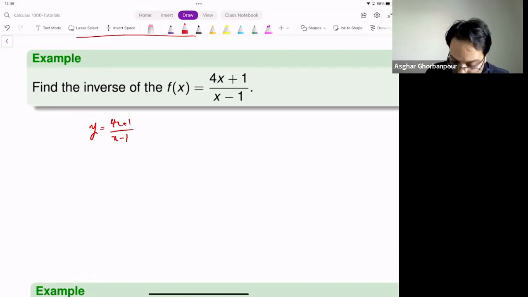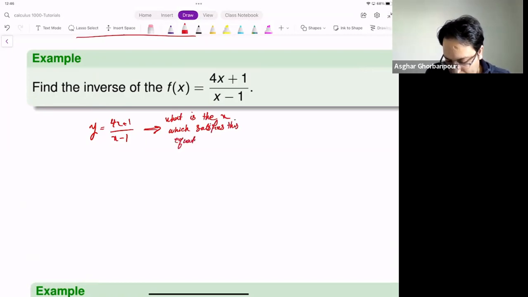In other words, we are interested in finding what is the x which satisfies this equation. We are interested in finding the input which gave us that output.